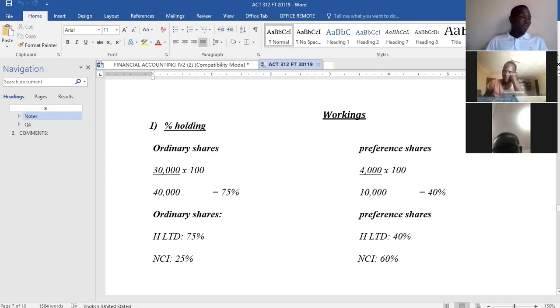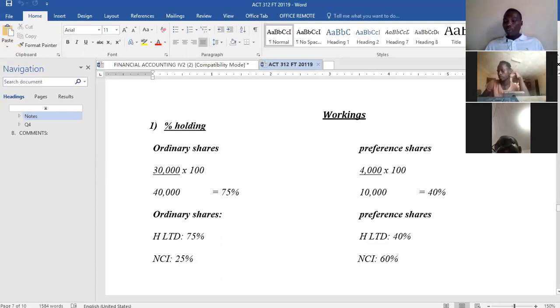So from the question that we had, go to the financial section of the question. We're being told that every ordinary share costs 1 cedi. Every preference share also costs 1 cedi.